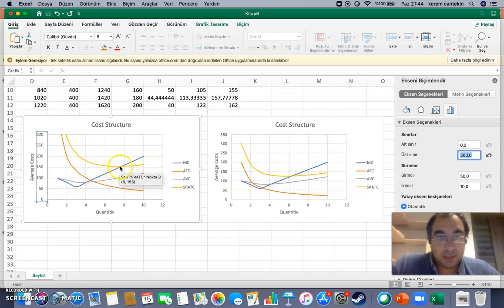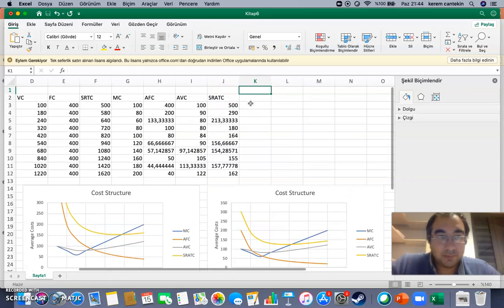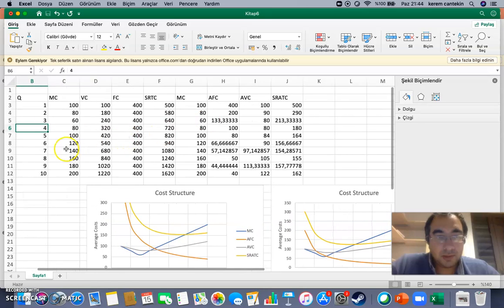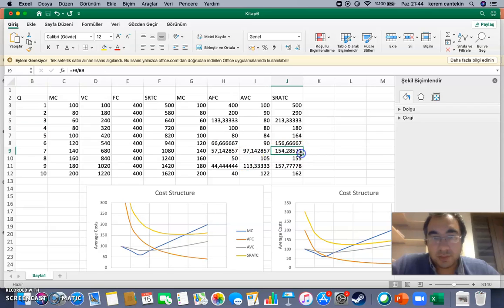And the cost minimizing point is now around, the exact point is around 7.5 or something like that. When we take natural numbers as our quantities, the cost minimizing point is 7, not 6 anymore in this case.